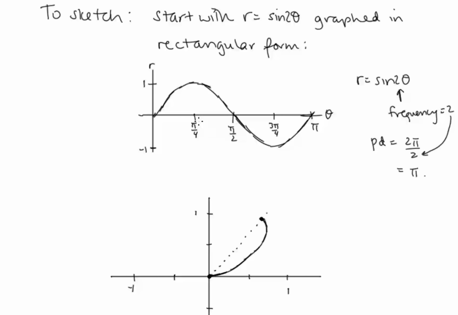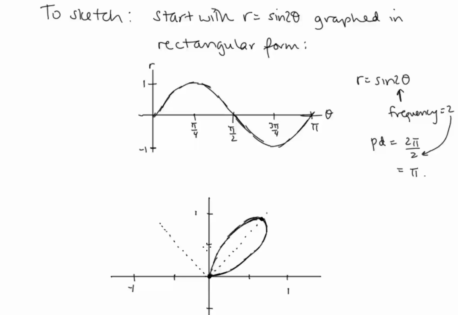Then, as theta goes from pi over 4 to pi over 2, the radius decreases back to 0. Now, as theta goes from pi over 2 to 3 pi over 4, the radius goes from 0 to negative 1.